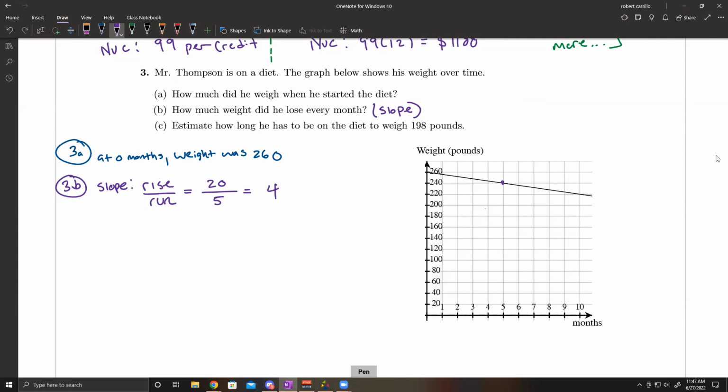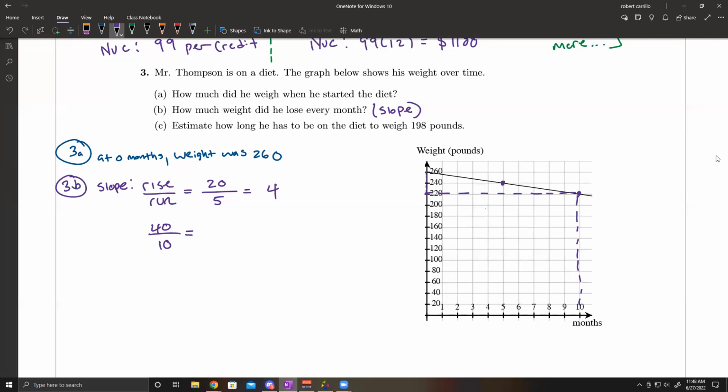Let's say that we didn't see this point. We go for the next clearest point, and to get to that point, we would go down 20, 40, and all the way to the right until we get to that point. In this case, our rise was 40 units over 10 months.